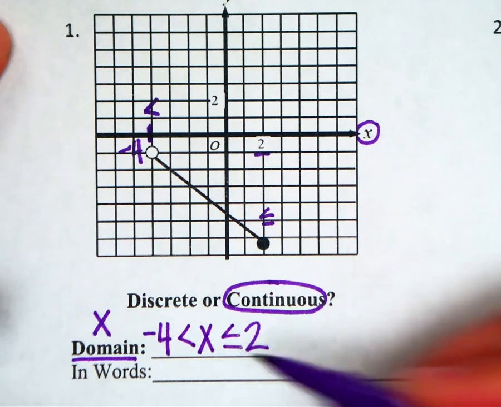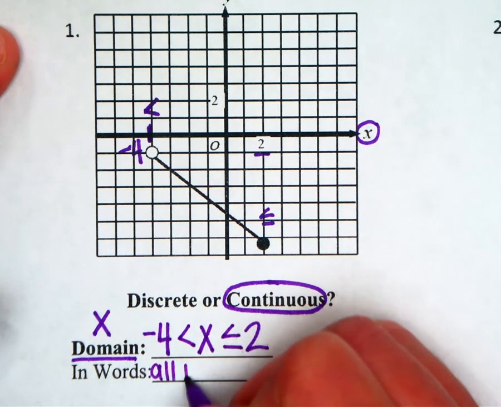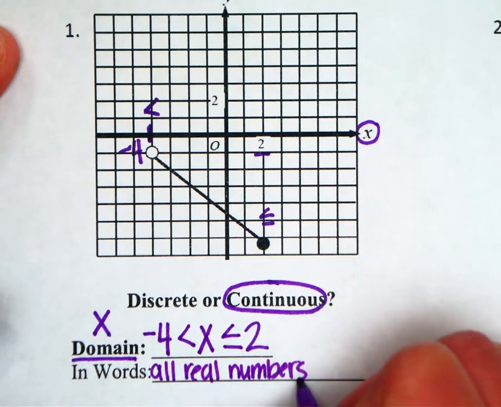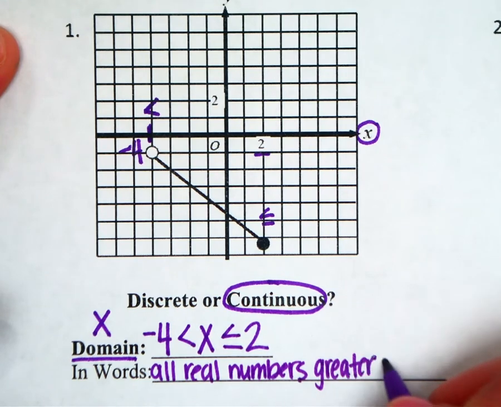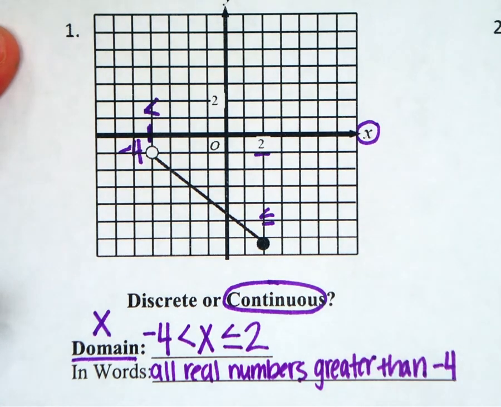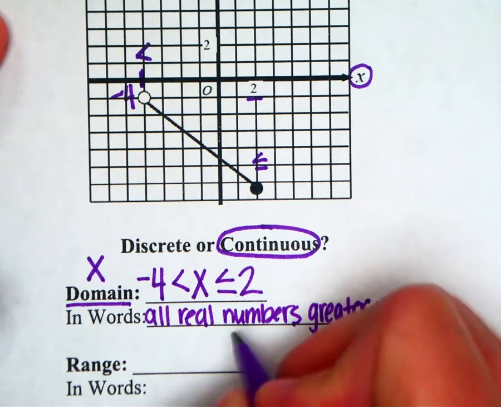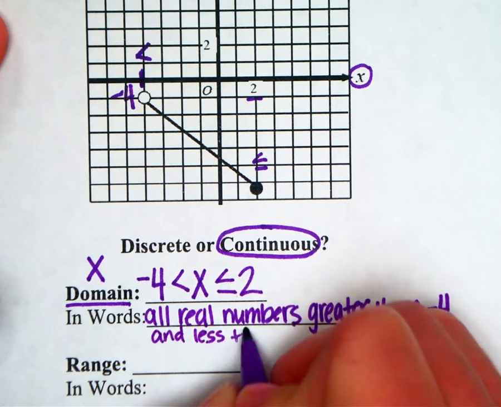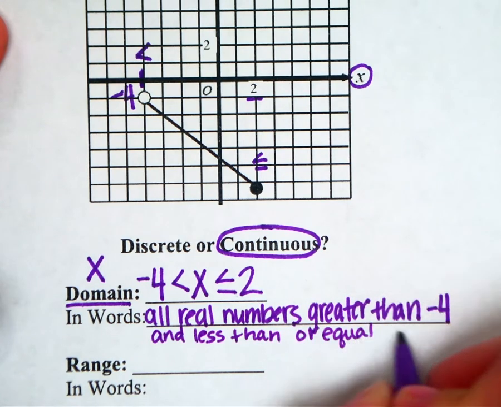to at 2. So in words, this is all real numbers greater than -4, because I'm talking about x, all of the numbers greater than -4, and less than or equal to 2.